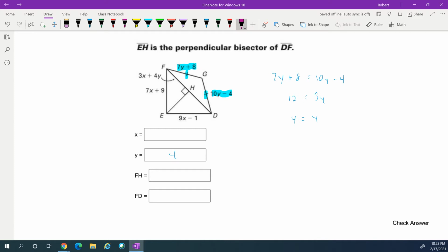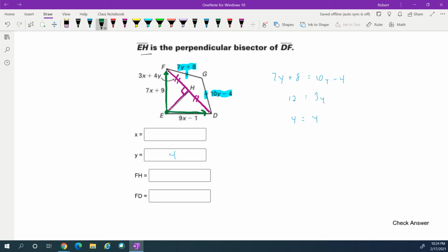We're told EH is a perpendicular bisector. Any point on the perpendicular bisector is equal distance to the endpoints.